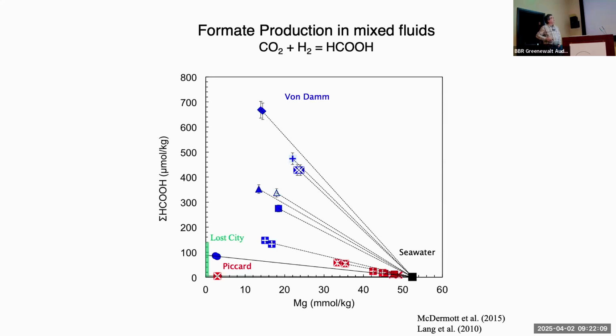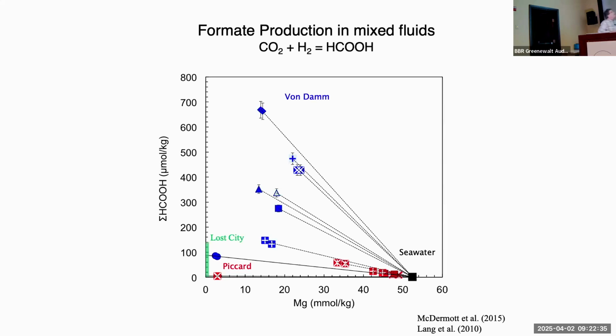What you can see is that the end member at Von Damm, for example, has fairly low but measurable formate. It's in equilibrium with the CO2 and the hydrogen that we measure, but low. That's what you would predict at the higher temperatures. Then when you mix in seawater, the fluid cools, you get respeciation and reduction of CO2 to form these near millimolar concentrations of formate in the fluid.